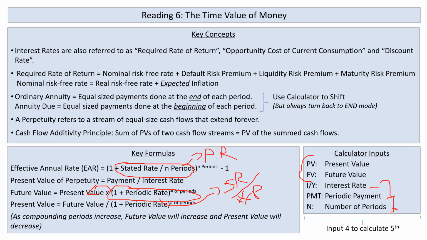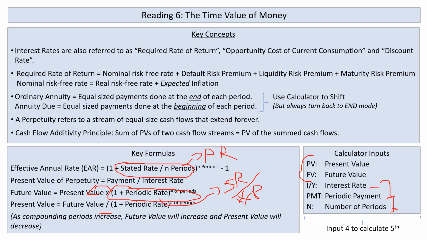So if you have the future value and you would like to calculate present value, go ahead and just divide. Okay, so over here you would divide. Since your future value is always higher than your present value, you would divide by that 1 plus periodic rate to the power number of periods. Now, just for you to always know this in a very efficient manner, as the compounding periods increase from, let's say, semi-annual to quarterly to monthly to daily, what happens to the future value?